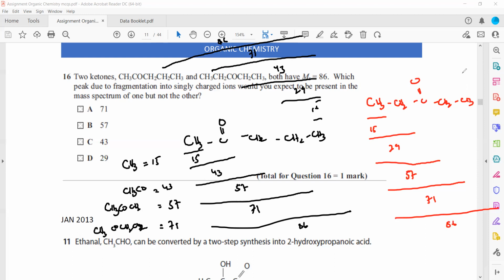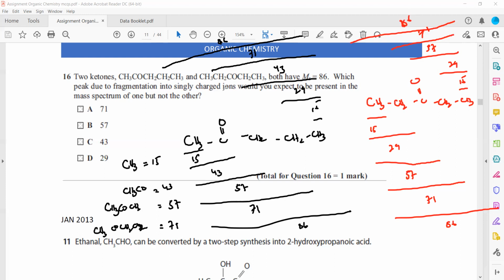And the peaks for the other side are the same: 15, 29, 41 plus 16 is 57, then 57 plus 14 is 71, and 71 plus 15 is 86.